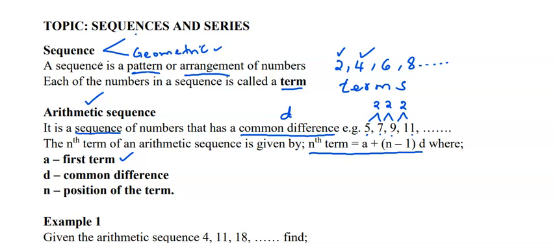Like in the example up here, 5, 7, 9, 11, 5 is the first term, so a would have been 5. Then d is the common difference, which for that case above would have been 2. Then n is the position of the term. So if you are looking, for instance, for the 10th term, our n would be 10.